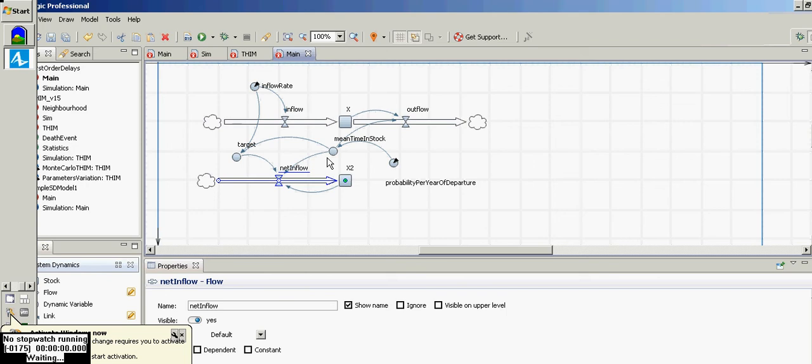In any case, we could formulate first order delays using this target, where target is something at which we're aiming in this stock. So we adjust the stock to match target. Okay? Two different ways of formulating it.